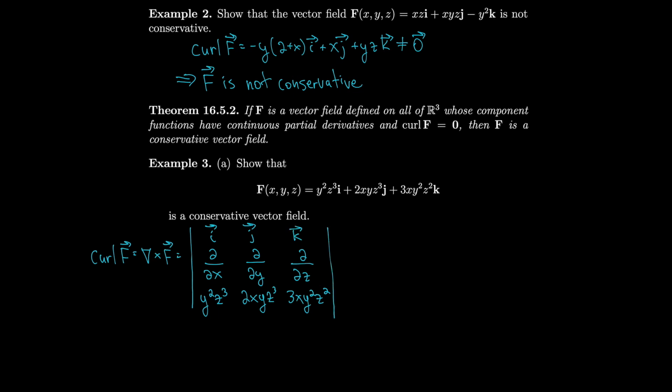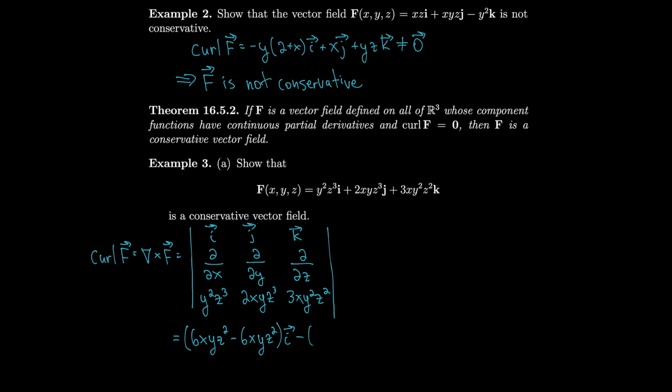Okay, good. So now we take our cross product, take our partial derivatives, and we end up with 6xyz squared minus 6xyz squared. Perfect. So that's one down.